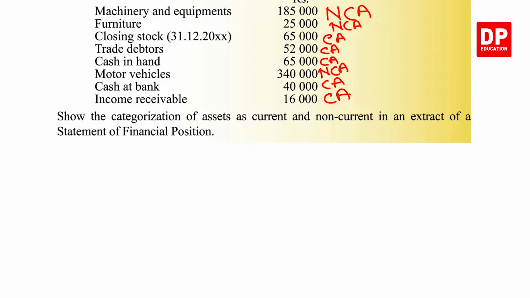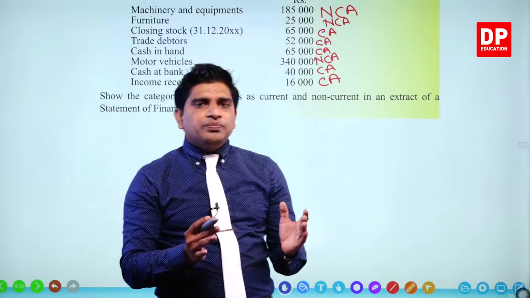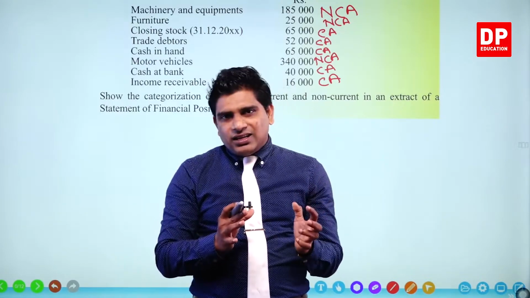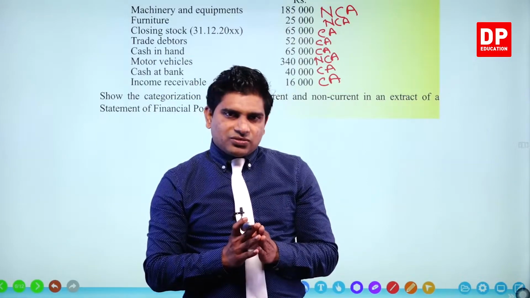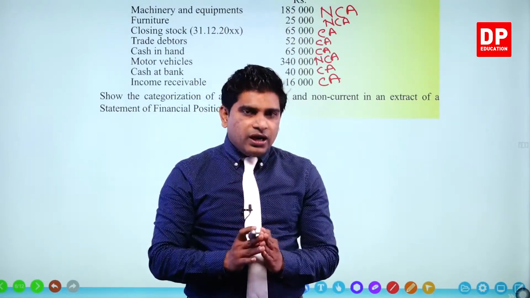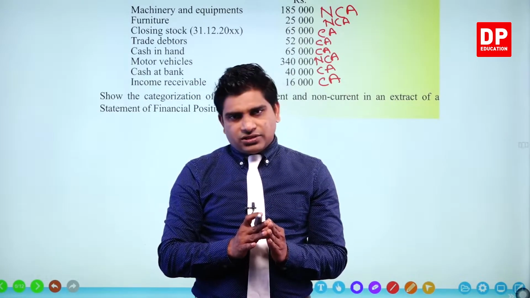Then show categorization of assets as current assets and non-current assets in an extract of a statement of financial position. Right? In an extract of a financial position. In the previous example, we practiced what are the current assets and non-current assets, and you understood well how to classify them.